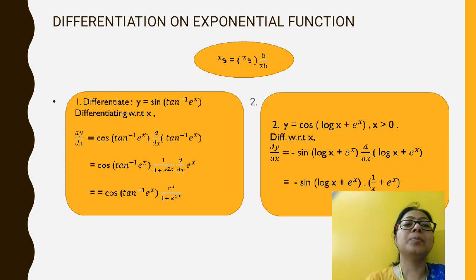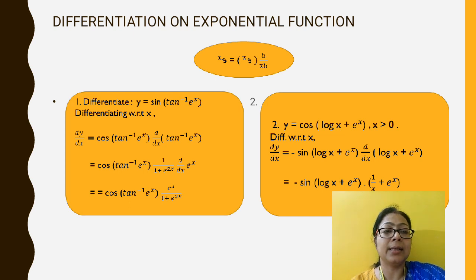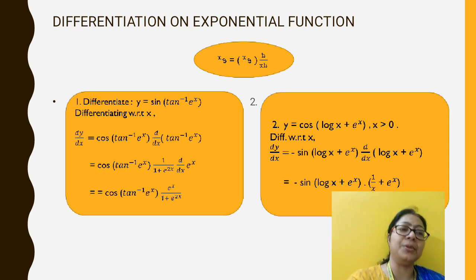Now the derivative of the inside of the bracket: log x gives 1 by x, and e to the power x gives e to the power x only. So the answer is minus sin of log x plus e to the power x, into 1 by x plus e to the power x. These are the types of sums in differentiation of exponential functions.